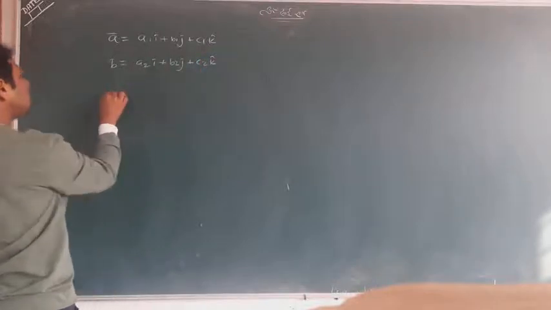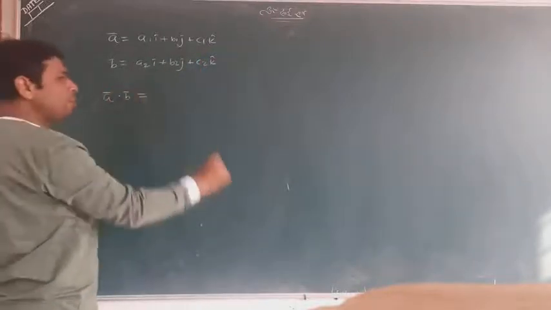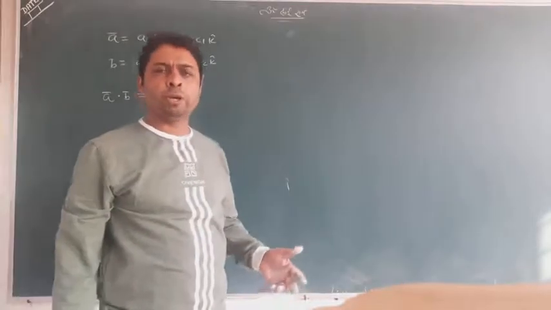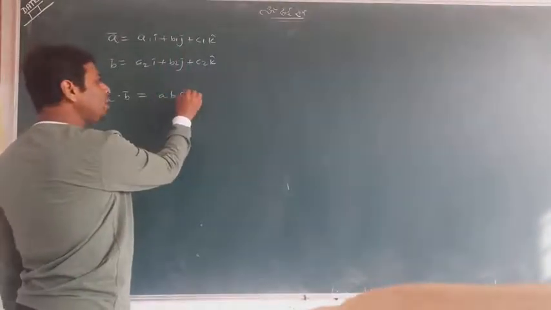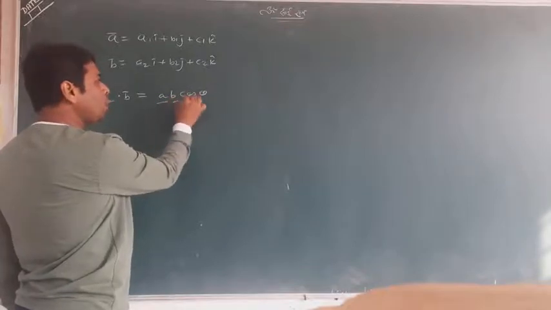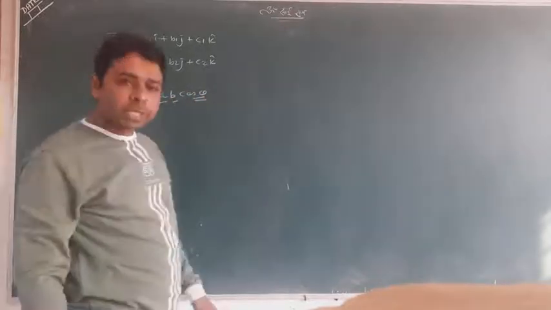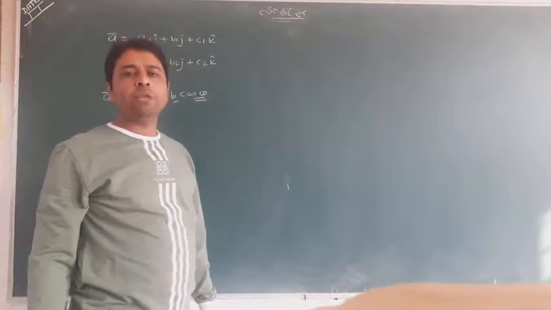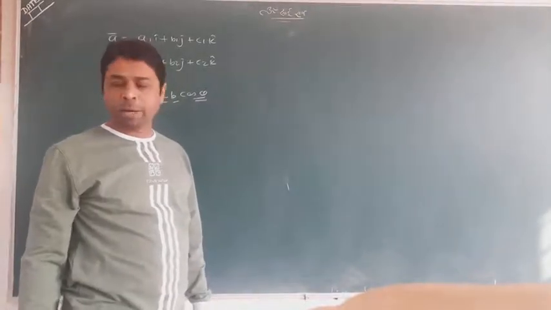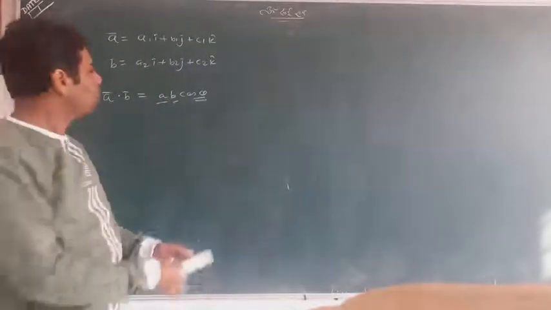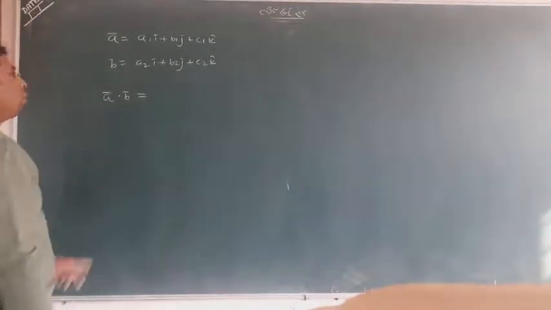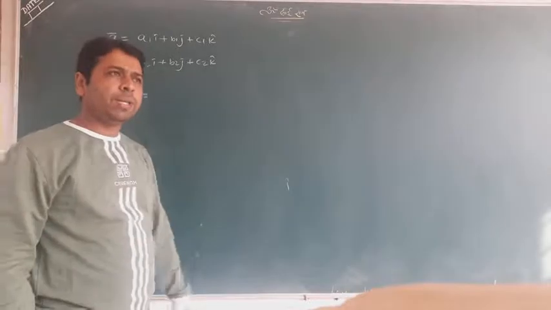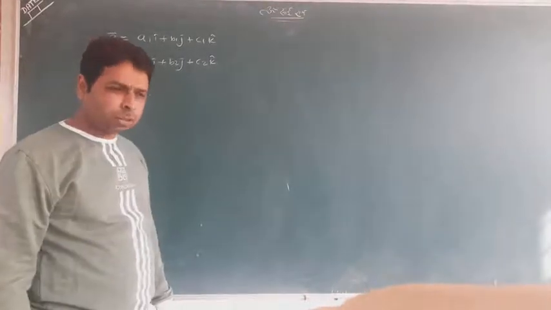And if I say what is A dot B, sometimes students use A dot B equal to AB cos theta. Don't do this, because AB cos theta is a very particular definition where mod A, mod B and the angle between them must be given. If these are given, you can find A dot B by this method. But if these are not given, you cannot find it by this method. So, no matter at all, there is a very simple and general method we use.